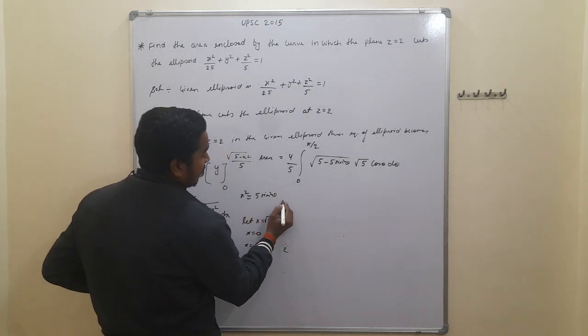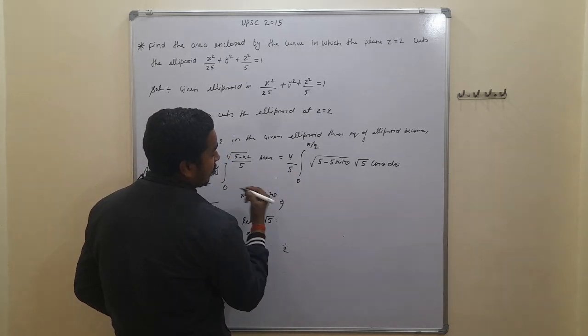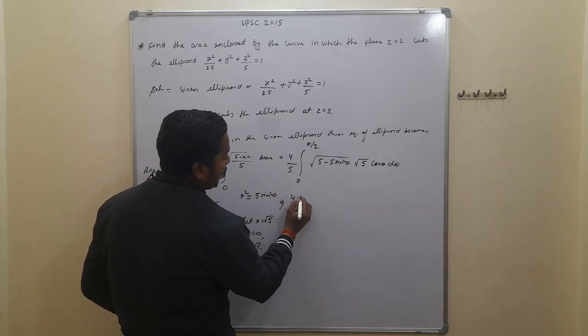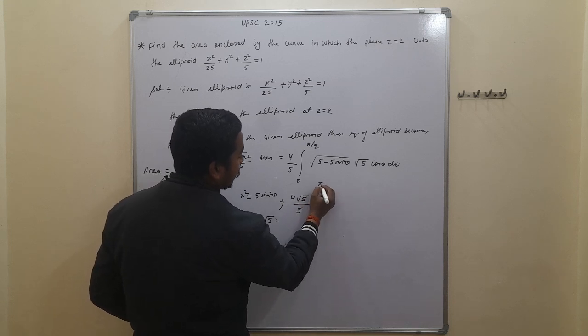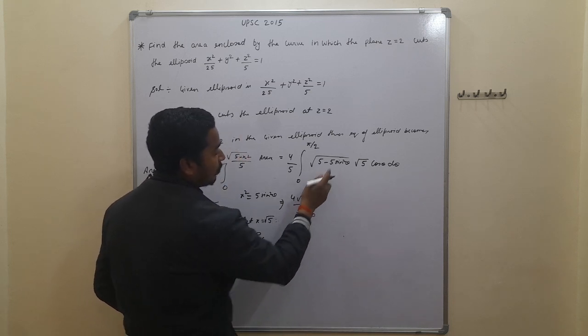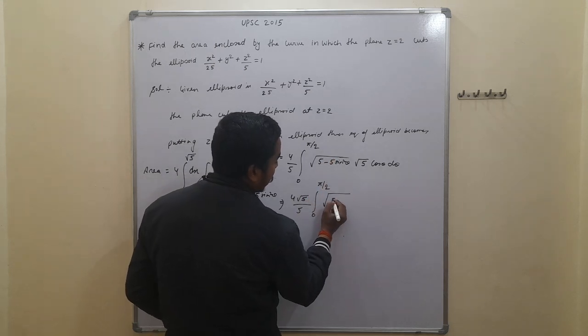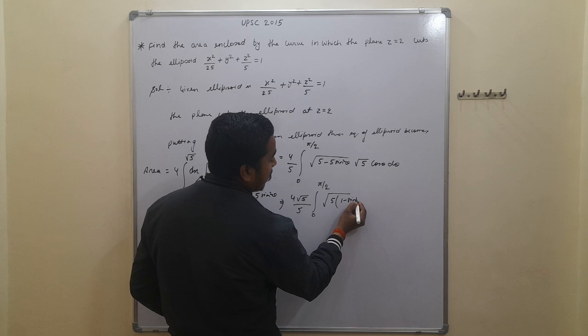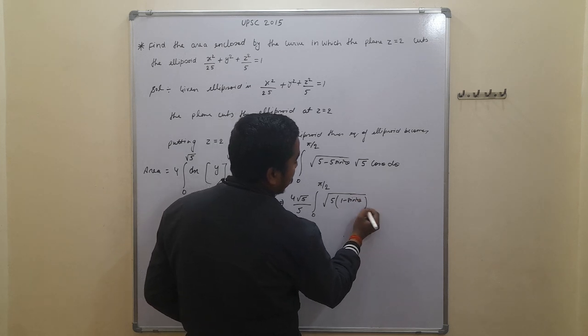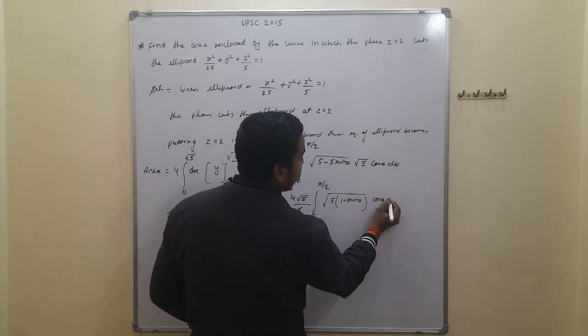Further we have to solve, taking root 5 outside. This is given by 4 root 5 upon root 5, from 0 to pi by 2, and here we also take common 5. This is 5 with common 1 minus sin square theta, and here is cos theta d theta.